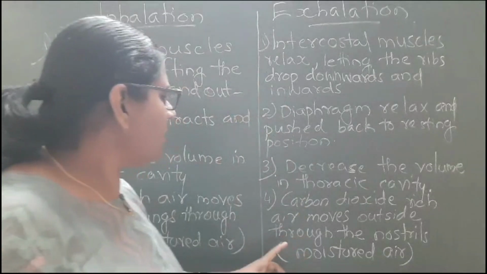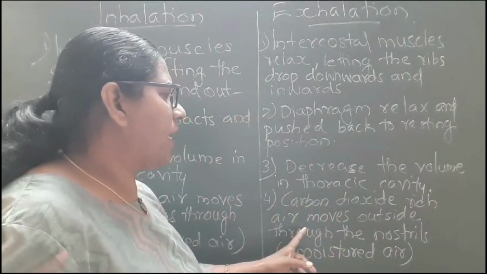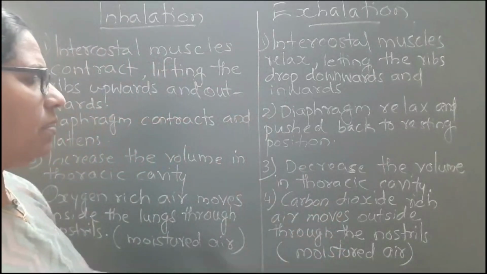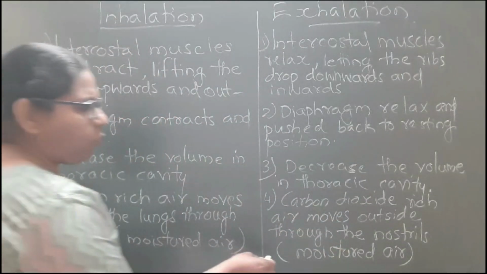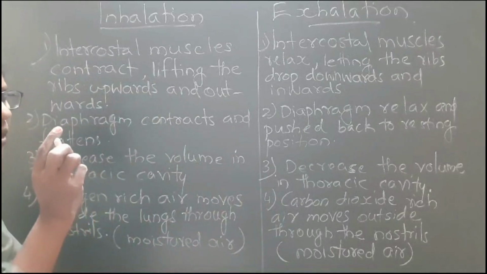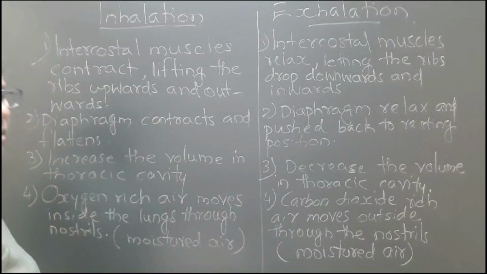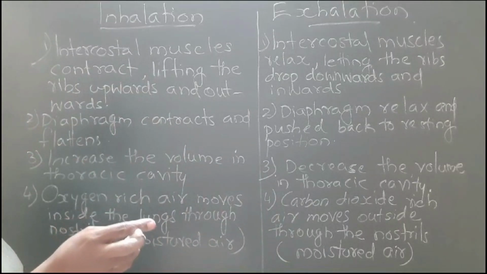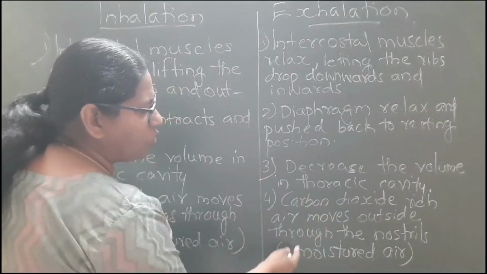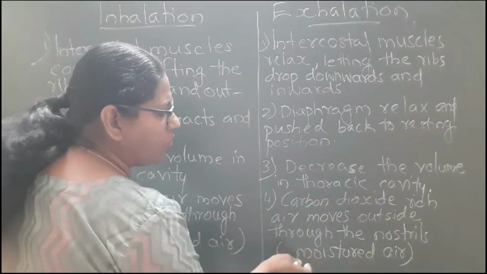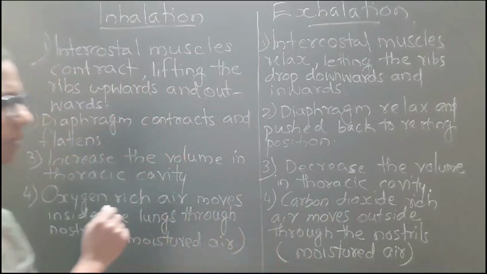During exhalation, carbon dioxide-rich air moves outside through the nostrils. This is also moist. Why? Because after aerobic respiration, water and carbon dioxide are there. That water and carbon dioxide we are exhaling. So this carbon dioxide-rich air is also moist.